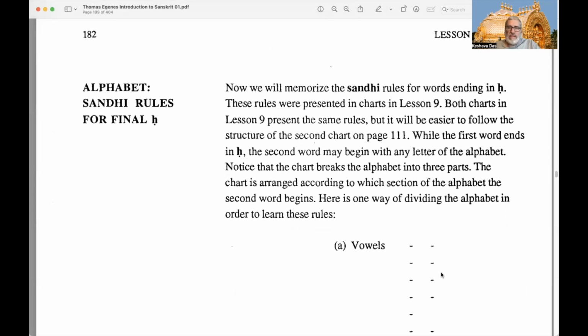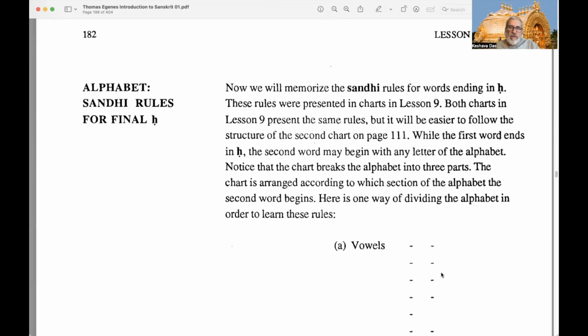Now we will memorize the sandhi rules for words ending in Visarga. These rules were presented in the charts in lesson 9. Both charts in lesson 9 present the same rules, but it will be easier to follow the structure of the second chart on page 111 if we know the rule.